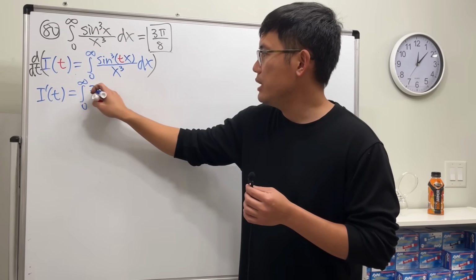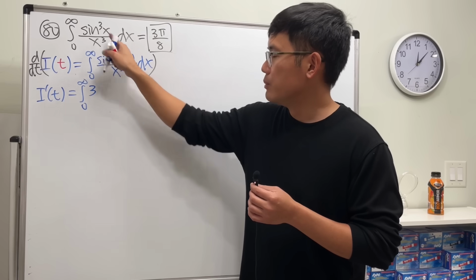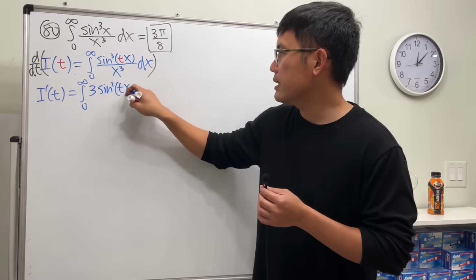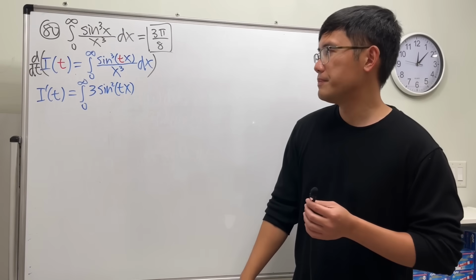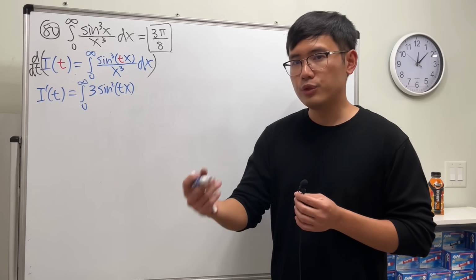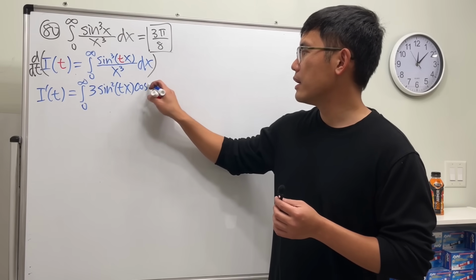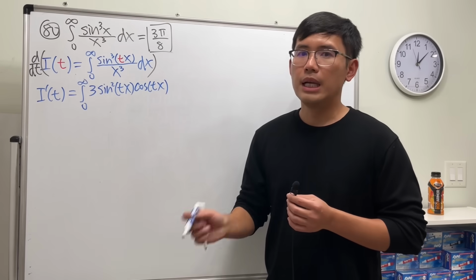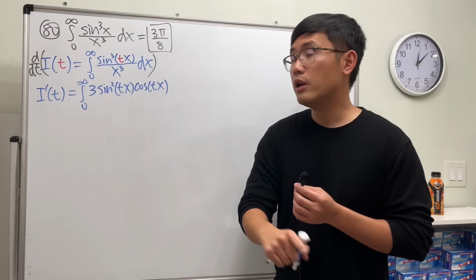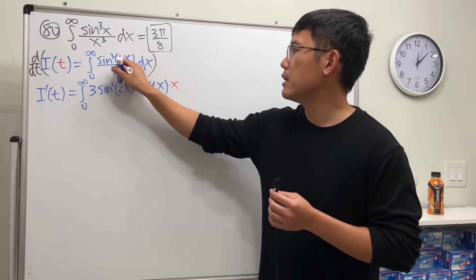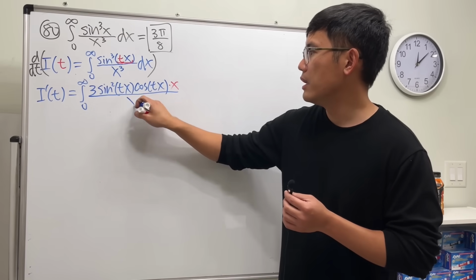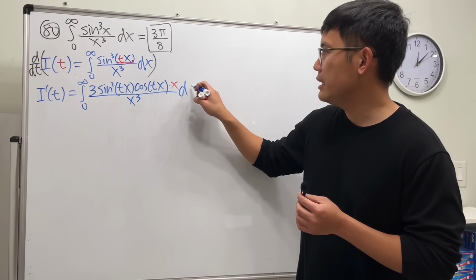Differentiate this, we get 3, bringing the power to the front, sine squared of tx, and then multiply by the derivative of sine tx, which will give us cosine tx, and then multiply by the derivative of the inside tx in the t world, so we have to multiply by x. That's the chain rule for that part. And then over x to the third power dx.